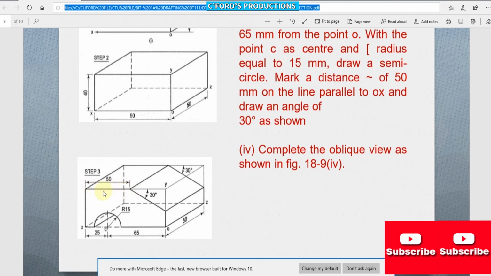Okay, and draw an angle of 30 degrees. So this one is in the top view. From there, with an angle of 30 degrees. Then complete the oblique view, trace or complete the oblique view.